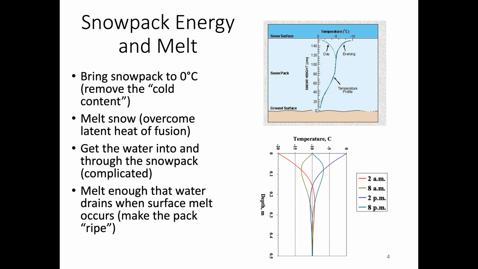Often, this is what will happen until the entire snowpack from top to bottom is at 0 degrees. The common term for this is a ripe snowpack or an isothermal snowpack, as it is all the same temperature, 0 degrees Celsius.